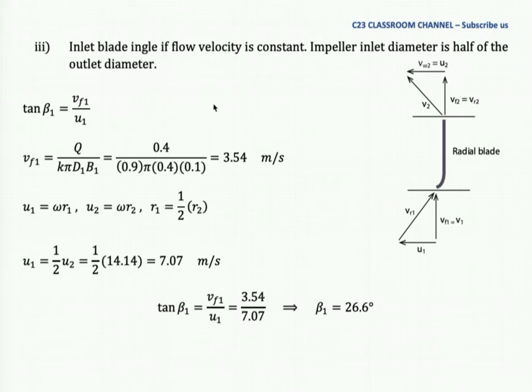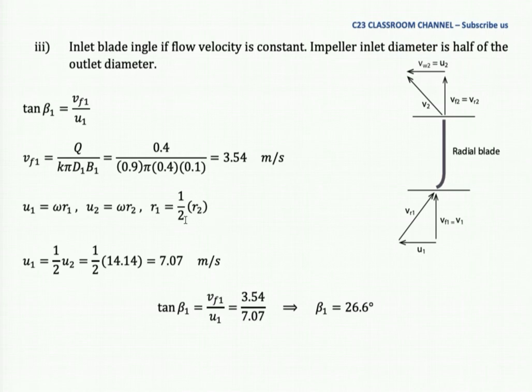And then we know that the impeller inlet diameter is half of the outlet diameter. From this statement, we could say that U1 is equal to omega R1, and U2 is equal to omega R2, and then R1 is equal to 1 over 2 R2, depending on this statement.